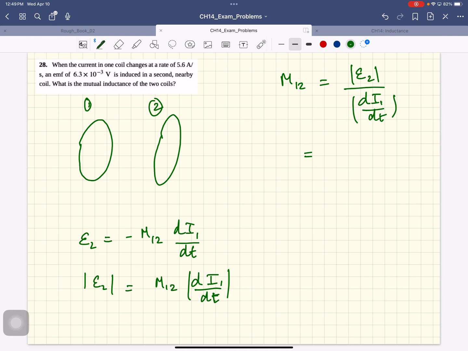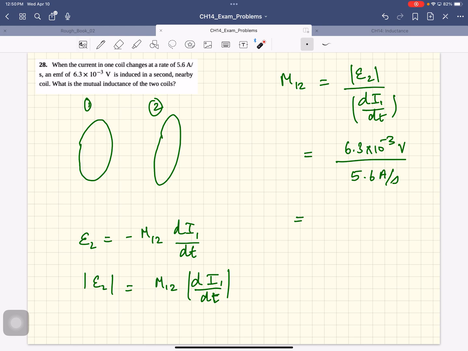So the induced EMF is 6.3 millivolts, and the rate of change of current is 5.6 amps per second. And mutual inductance is measured in henries. Okay.